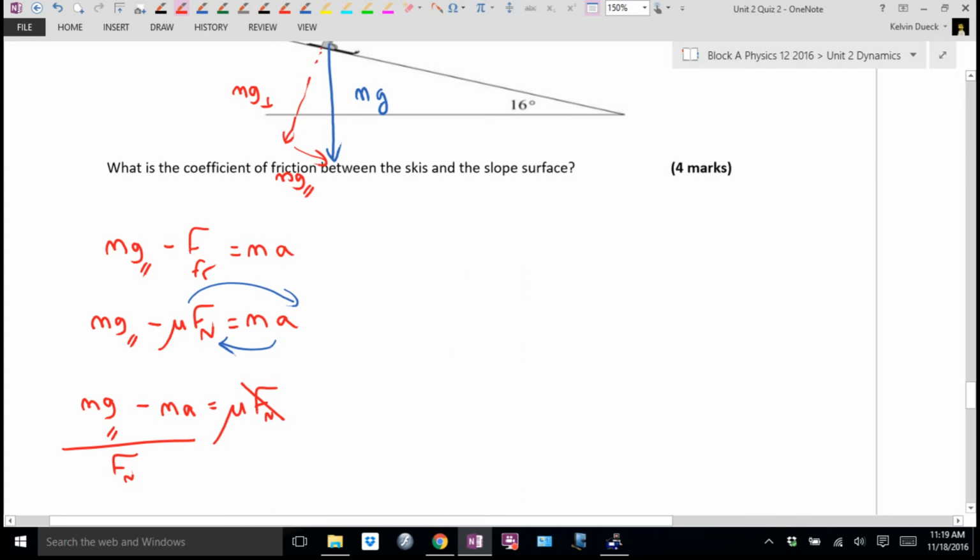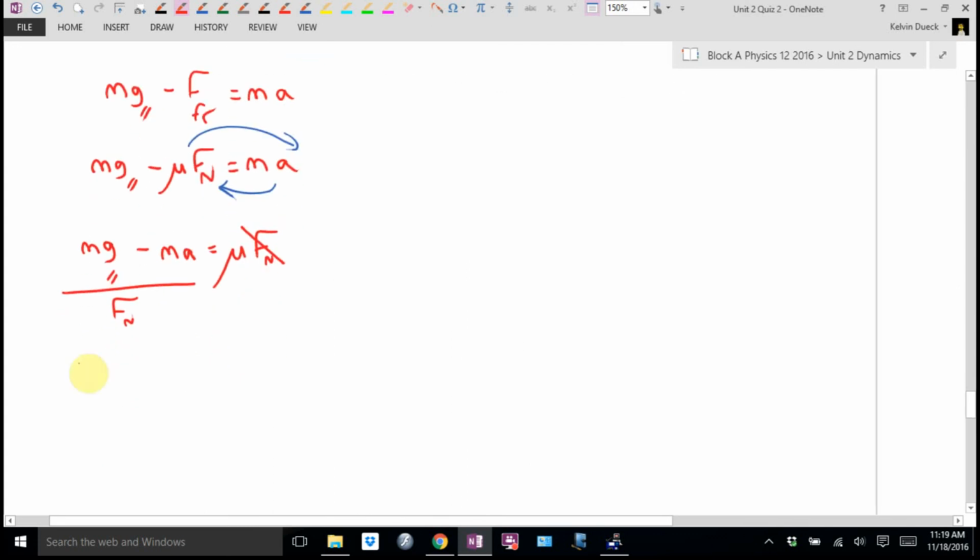Okay, I'm getting somewhere here. Mu is going to be mg parallel minus ma, all divided by, I don't know the normal force. Oh, but look. mg perpendicular. I think the m's actually cancel. I think I might have been able to do that earlier, but there is an m in everything.